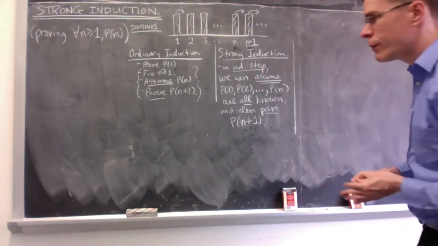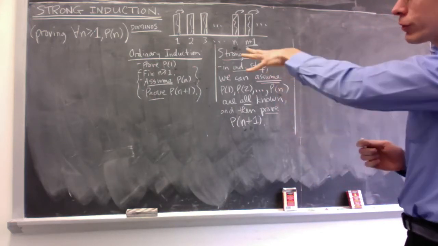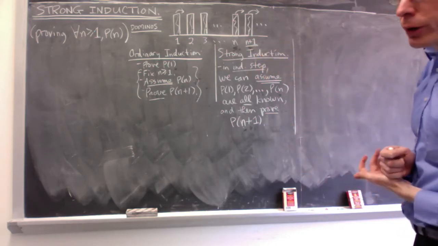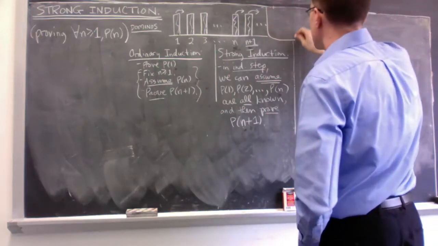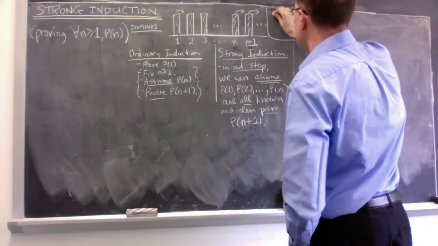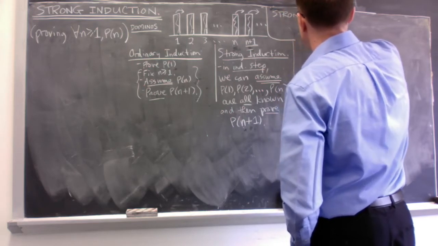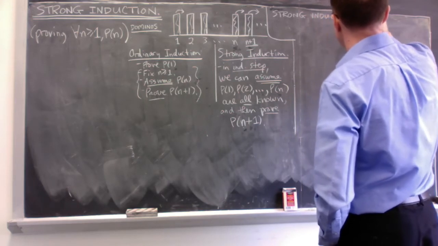All right, but now let's officially give the template for proving something. And I don't want to just limit it to starting at 1. Like we did before, you can start at any integer. So let's write down this strong induction proof template.